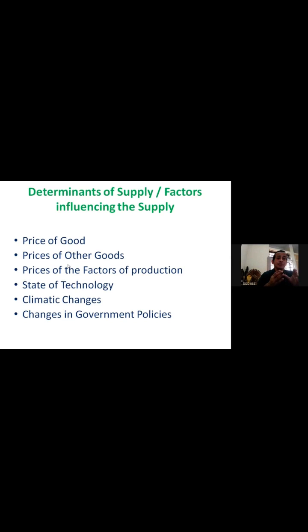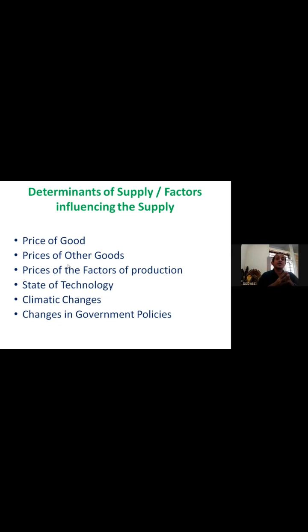But in the case of labor-intensive technology, where companies run their business through a labor force, with labor employment at the maximum level, if the price of labor increases, producers will be discouraged from producing more. So the price of the factors of production is another factor which influences the supply.